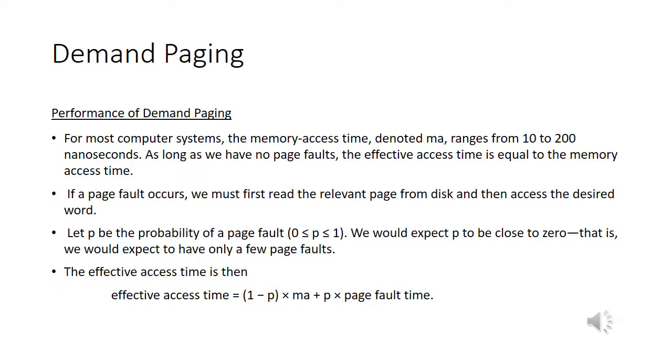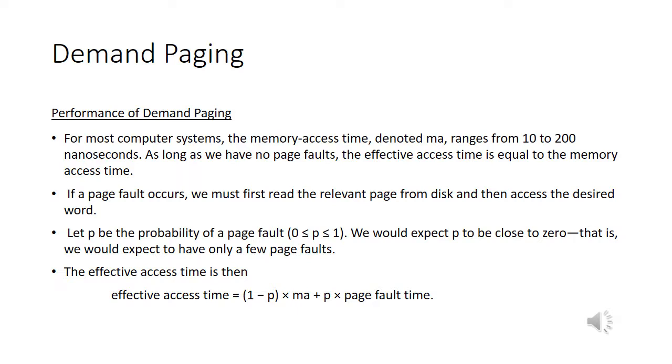Now let's see the performance of demand paging. For most computer systems, the memory access time, denoted MA, ranges from 10 to 200 nanoseconds. As long as we have no page fault, the effective access time is equal to the memory access time. If a page fault occurs, we must first read the relevant page from the disk and then access the desired word.